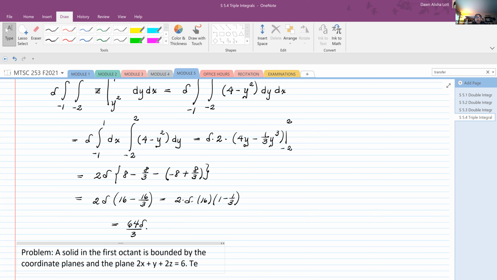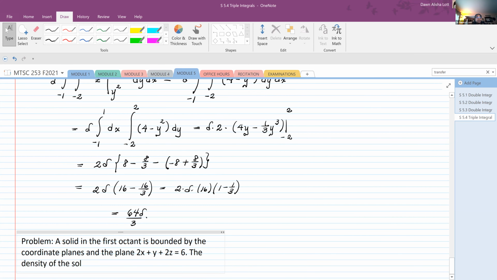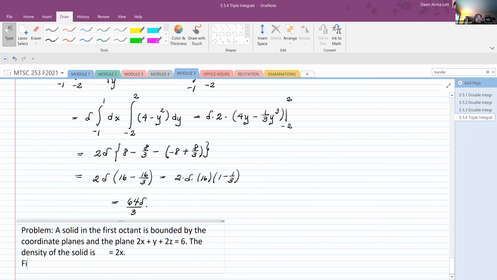The density of the solid is delta, which is 2x. Find the mass of the solid. Okay, this one's not hard either.